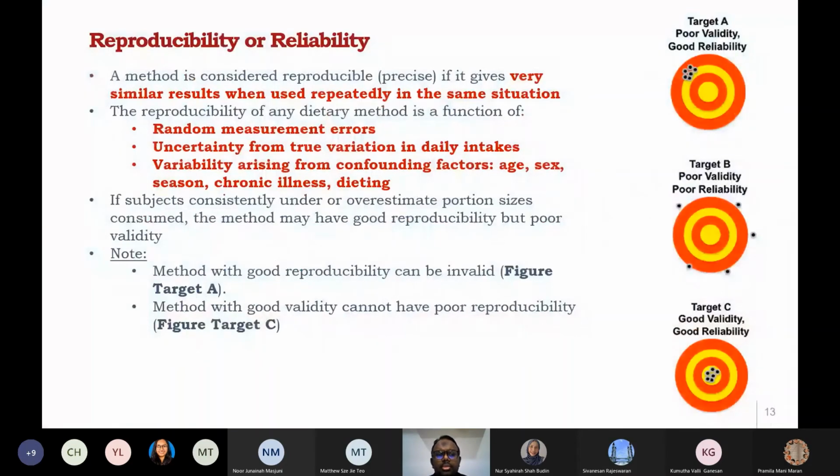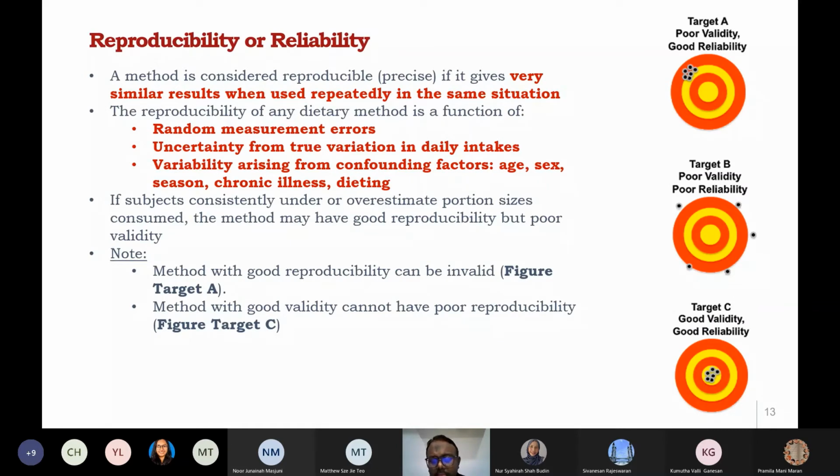So we will go into reproducibility or reliability first. The other name for reproducibility is reliability. A method is considered reproducible, precise, if it gives very similar results when used repeatedly in the same situation. So in the same situation, if you repeat the method, it should give the same result.